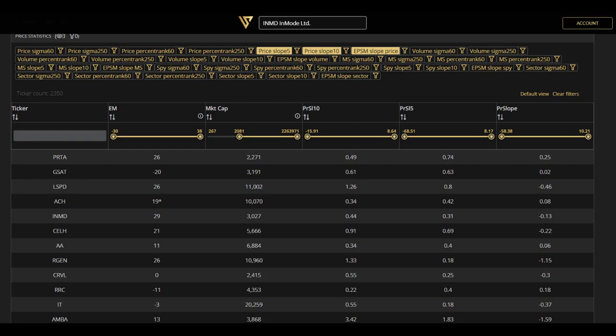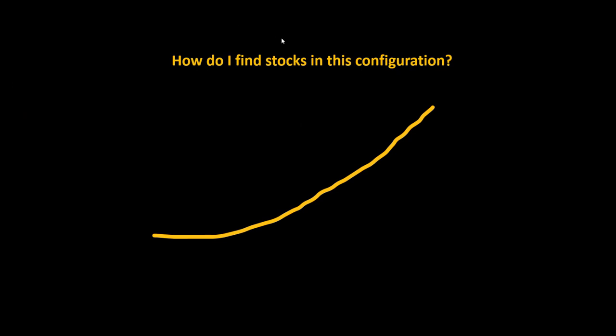I've prepared a few slides for you so that we can have a more precise explanation here. So the question is, how do I find stocks that are in that configuration? Meaning going up and then in an exponential way going higher. Or conversely, how do I find stocks that are dropping fast or dropping and turning around and so on?